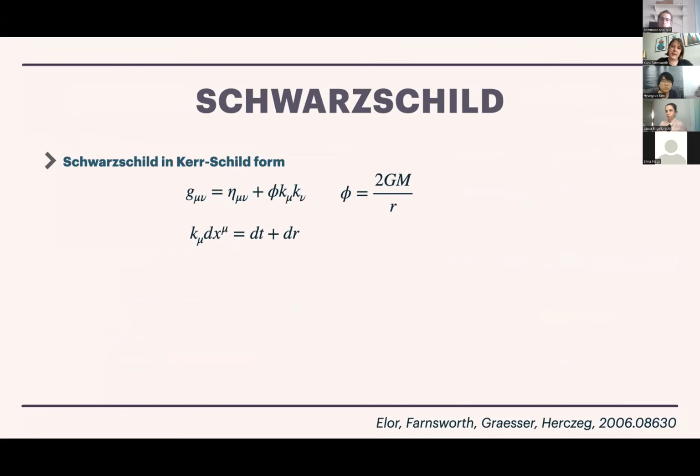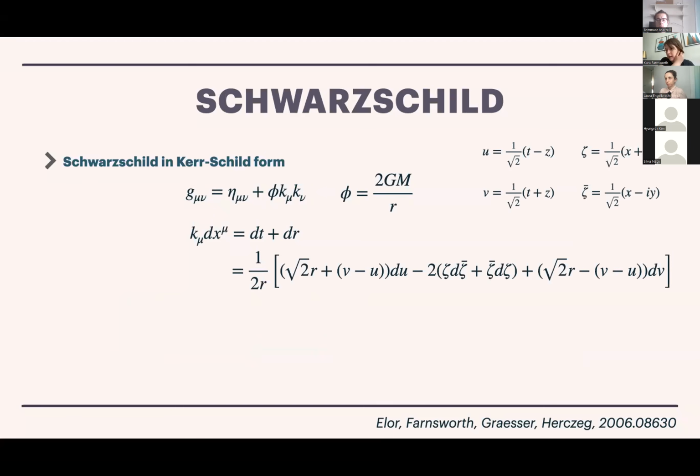So once again, I can look at Schwarzschild as sort of the basic example. And this is what we knew before. I can write K now in terms of my light cone coordinates. And it's a little uglier, but it's still the same thing. And remember that the function phi is sort of the ratio of my d zeta bar component to my du component.